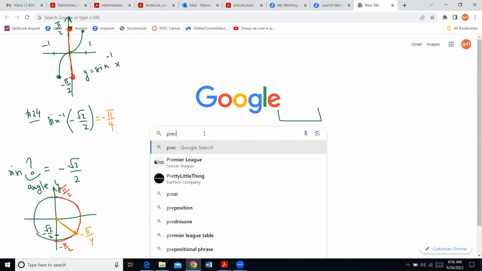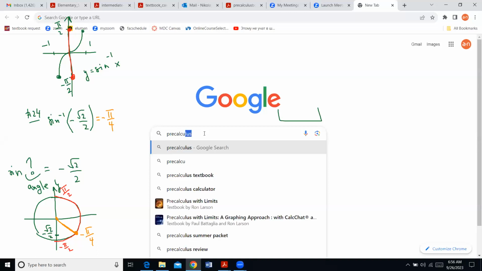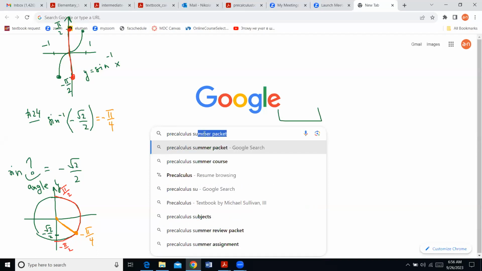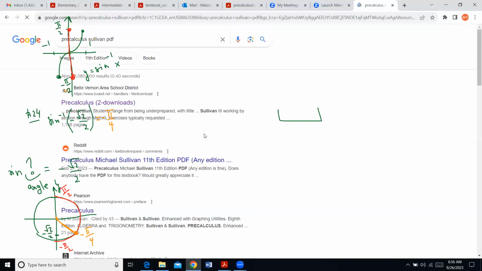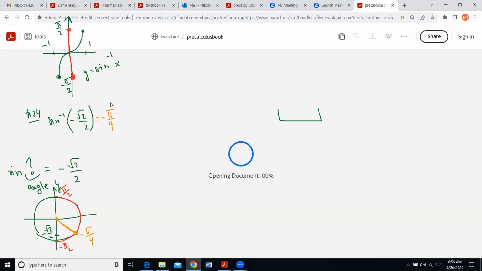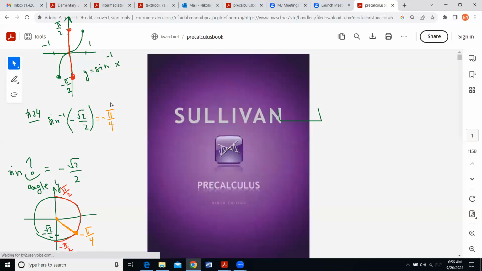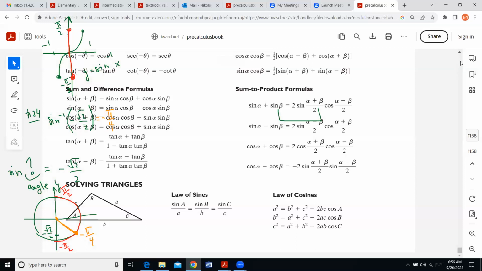another window and find this textbook again by Sylvan, PDF. So the first choice gives us a textbook in here. And what I need is to look at the last pages, right? So the very last pages is what we care about because they have all of the formulas.